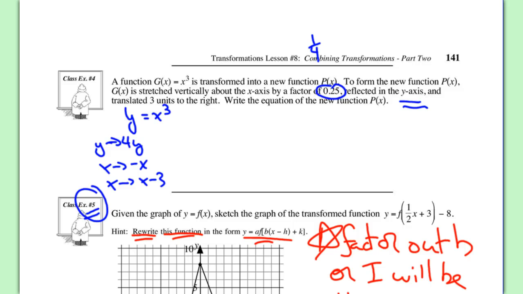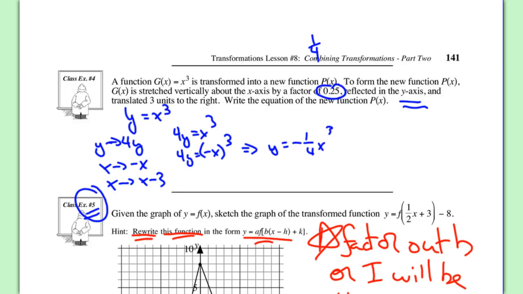go step by step, maybe that's the way we should do it, this replacement is going to look like 4y equals x cubed. When you add in the next one, you're going to get 4y is equal to minus x cubed, which one could solve, and you could rewrite this as y equals minus 1/4 x cubed.